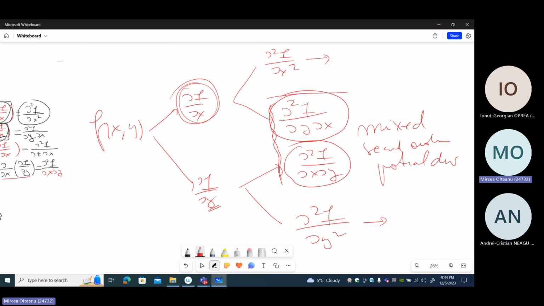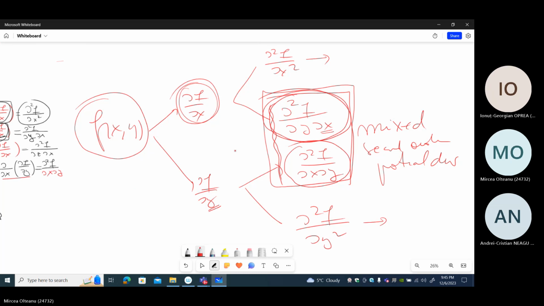If we now look at these two functions, they are obtained in the following way. We have the function f from the beginning, and we differentiate it 2 times, but in different ways. Here, we differentiate it with respect to x, and then the result will be differentiated with respect to y. Here, we are doing almost the same, but the order is different. We first differentiate with respect to y, and then the result with respect to x.